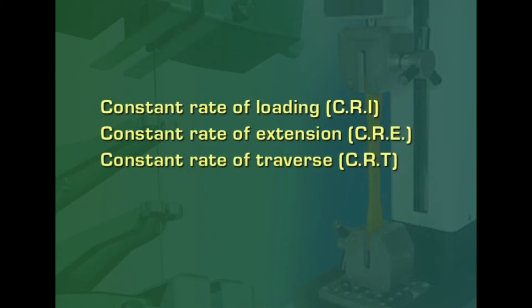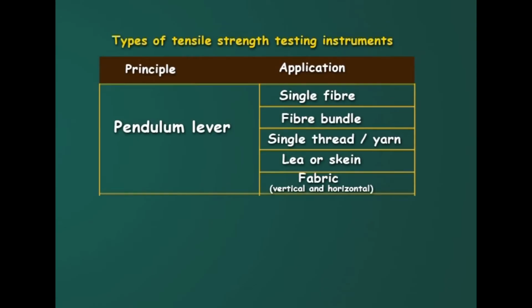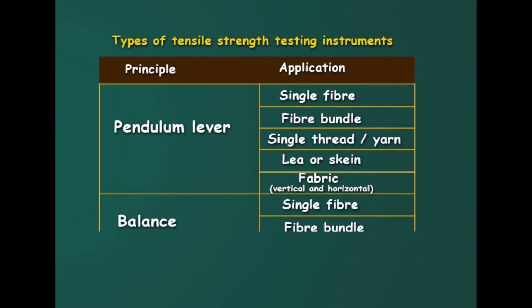Instruments used for tensile testing of textiles work under conditions of constant rate of loading, constant rate of extension, or constant rate of traverse. The various principles underlying many of these machines are, first, the pendulum lever principle, in which instruments are available for testing fibers and fiber bundles, single yarns and Lea yarns, and also fabric. Then we take the balance principle, and the instruments are available for testing single fiber, fiber bundle and also fabric.